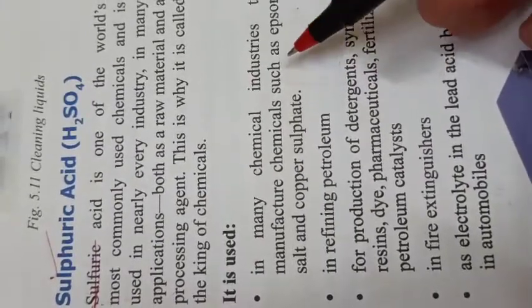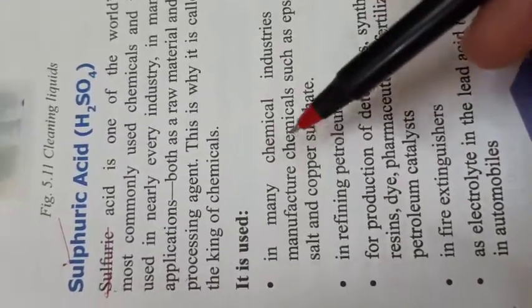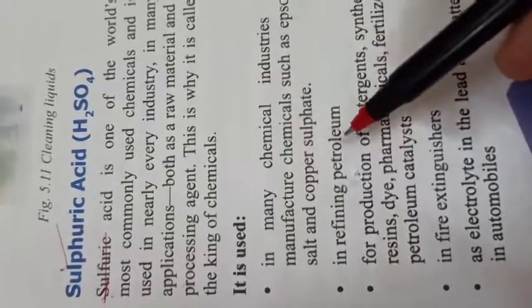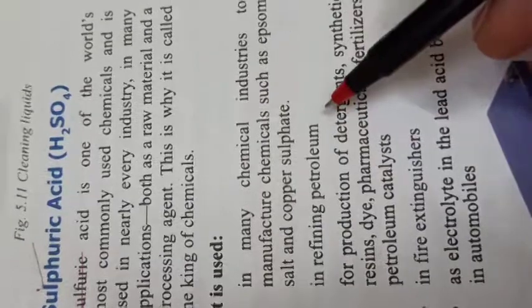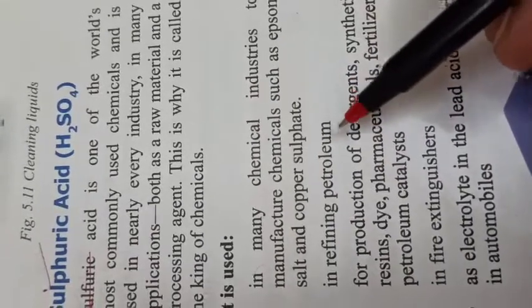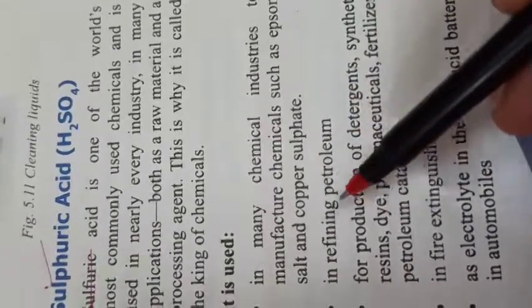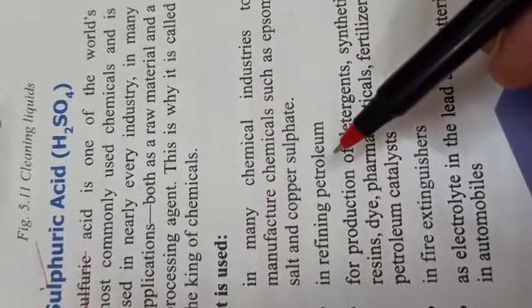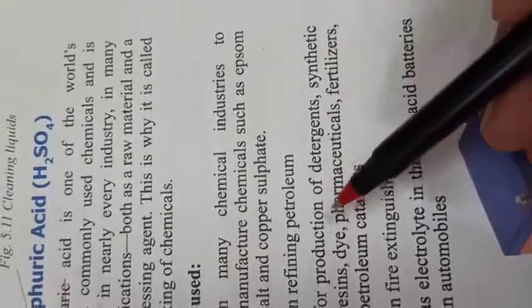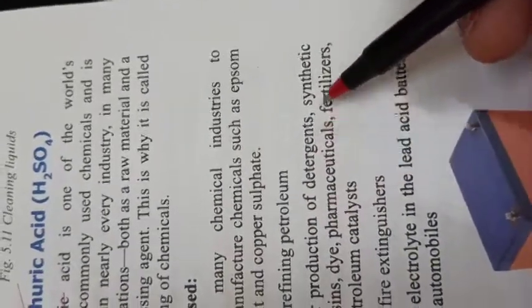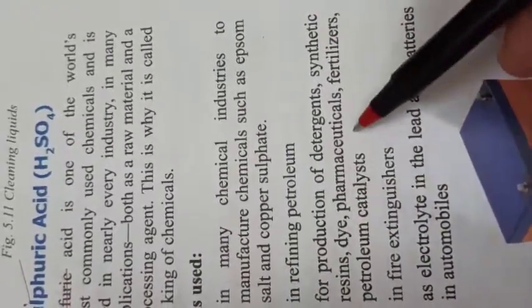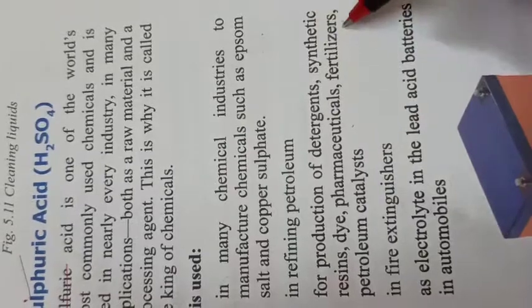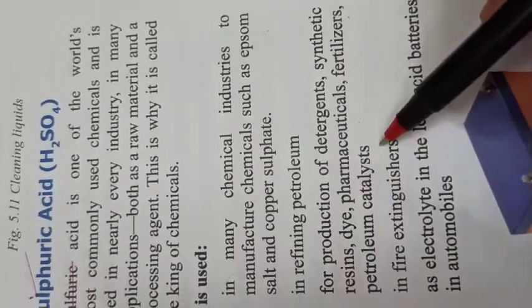In industrial use, we use sulfuric acid in refining petroleum; you know that petroleum products come to us after refining. So in this refining also we can use sulfuric acid, for the production of detergents, synthetic resins, dye, pharmaceuticals, fertilizers, petroleum catalysts.